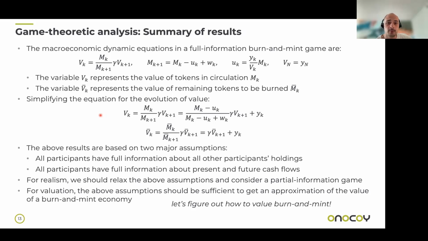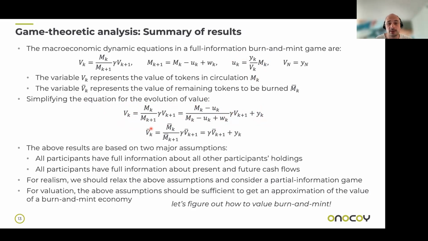And what this allows us to do then is to simplify our equations to get an evolution of value. And if you do some math and rearrange things, this is the equation to obtain V. So if you know your revenue and we know how much people should optimally burn, if you solve this equation backwards in time, you will get how V evolves.